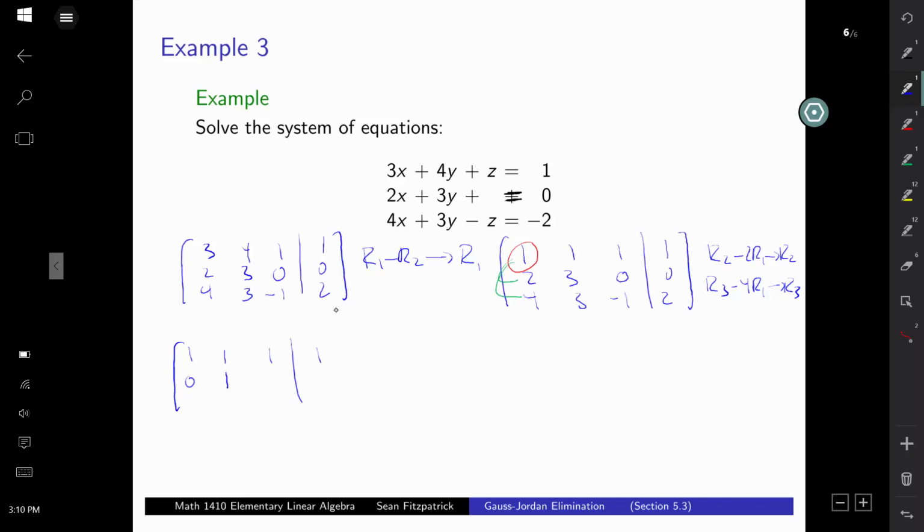So 3 minus 2, 2 minus 2 gives me 0. 3 minus 2 gives me 1, 0 minus 2 gives me minus 2, 0 minus 2 gives me minus 2, 0. 3 minus 4, minus 1, minus 1 minus 4, minus 5, 2 minus 4, minus 2. Alright. You guys that are playing along at home, make sure my arithmetic is correct.